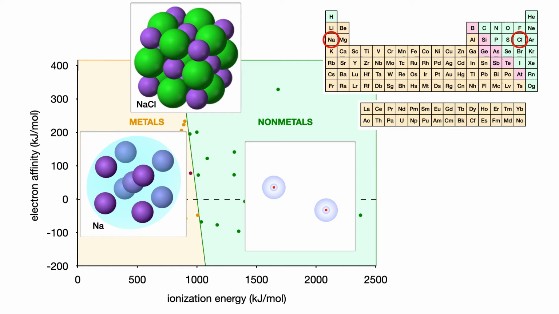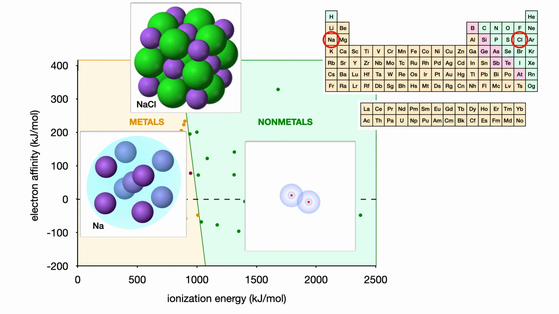Chlorine has a very high electron affinity, and so what ends up happening is that the atoms come together and their valence electron clouds overlap in such a way that both of the chlorine atoms are able to share some of those valence electrons.